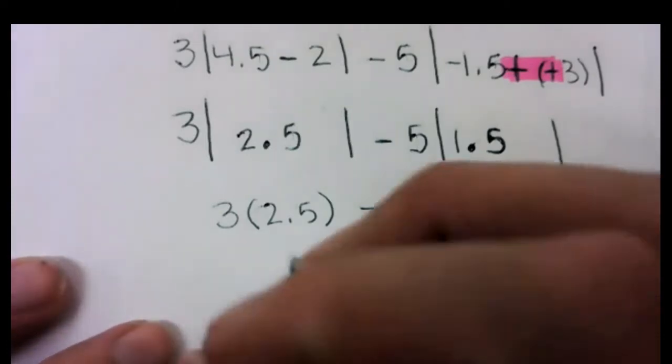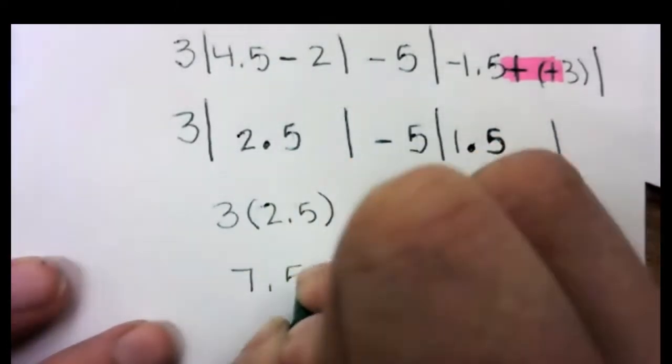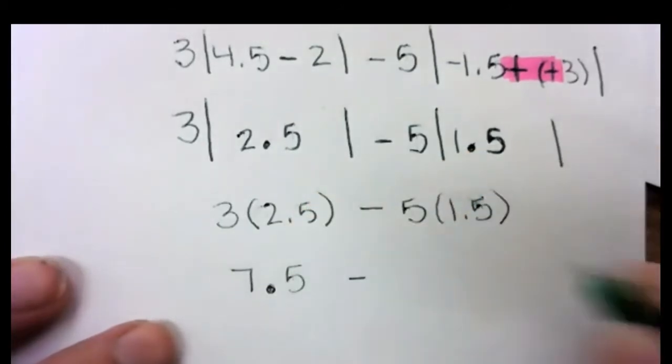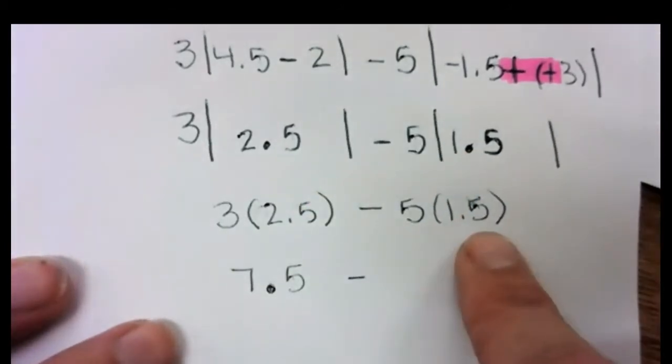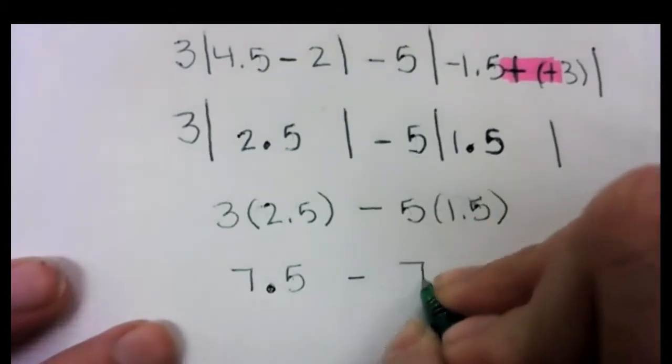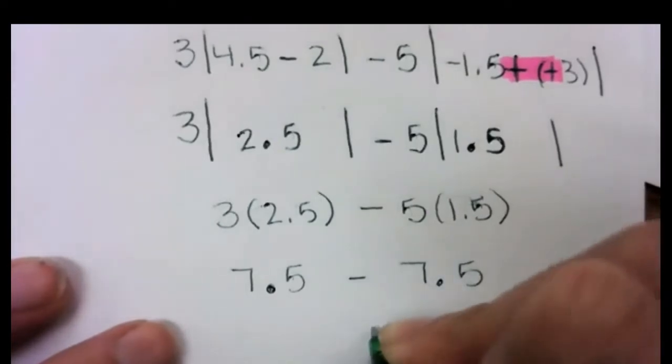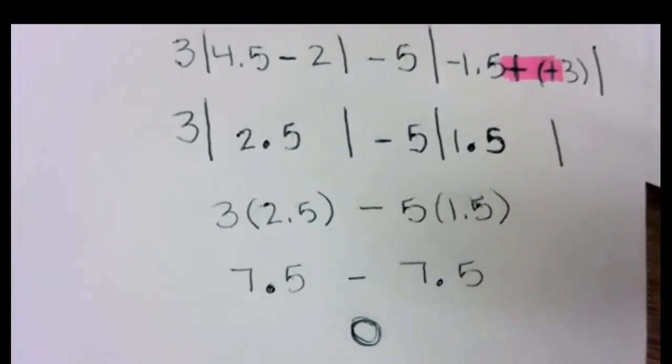Good. Minus 5 times 1.5. Yep, go ahead, Dominique. Yep. Oh, or Rhonda. Challenging ones were 0. I hate when they do that, because then it makes you think that all the hard ones are 0.